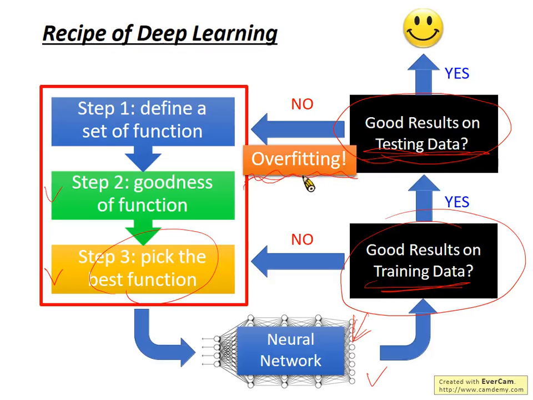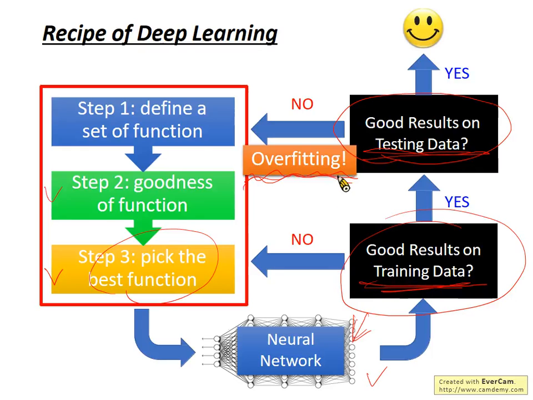Overfitting is a terminology in machine learning. That means our constructed model puts too much emphasis on the characteristics of training data, and the model can describe the training data very well.